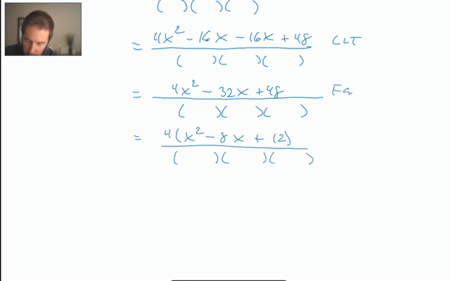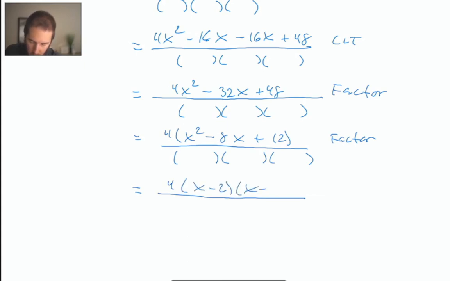So we factored, and now x squared minus 8x plus 12, can we factor that? Minus 2 times minus 6 makes positive 12, and minus 2 plus minus 6 equals negative 8. We can factor this. Factor again. Equals, there's the 4, there's an x minus 2, there's an x minus 6.